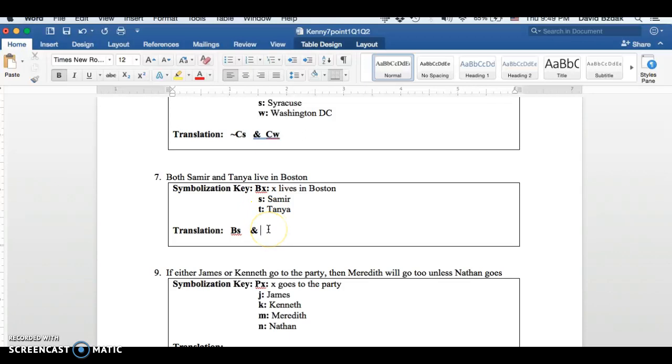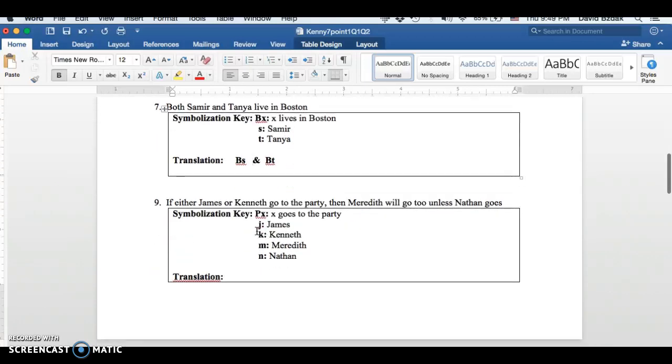Okay, our next thing that's being asserted is that Tanya lives in Boston, same predicate, uppercase B, Tanya is lowercase t. Okay, so I'm leaving lots of space in between just to show you.